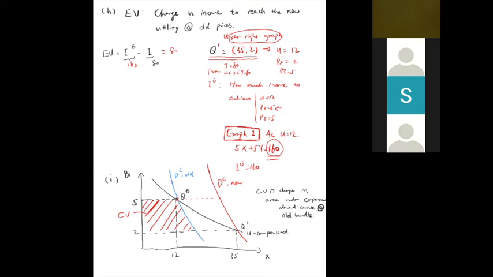At when price equals to 5, the optimal consumption of X is 12. This is the old bundle. And this is the area change after the price change. And for EV, it's the area under the compensated demand curve.